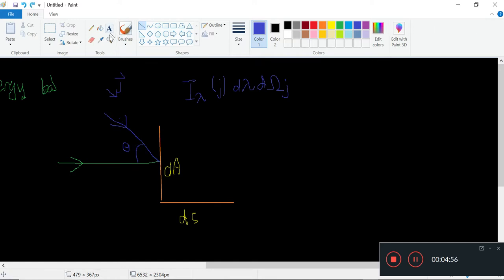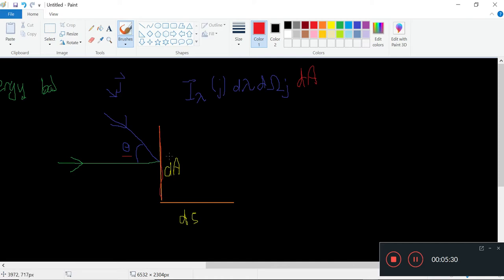Then what's the area? What's the normal area? Is it just dA? No, it's not just dA, but dA is definitely part of it. You just have to correct it by a certain factor. At theta equals 0, this normal area is just dA.